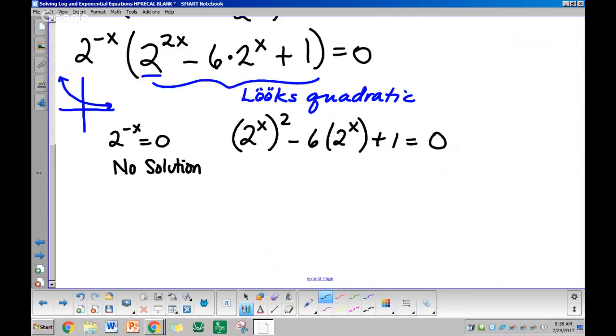Yes, we could use u substitution here. However, I'm going to challenge you not to use u, because did we use u substitution when we had sine squared x minus 6 sine x plus 1? No, we didn't. So what's being squared here? 2 to the x. So what's a here using the quadratic formula?